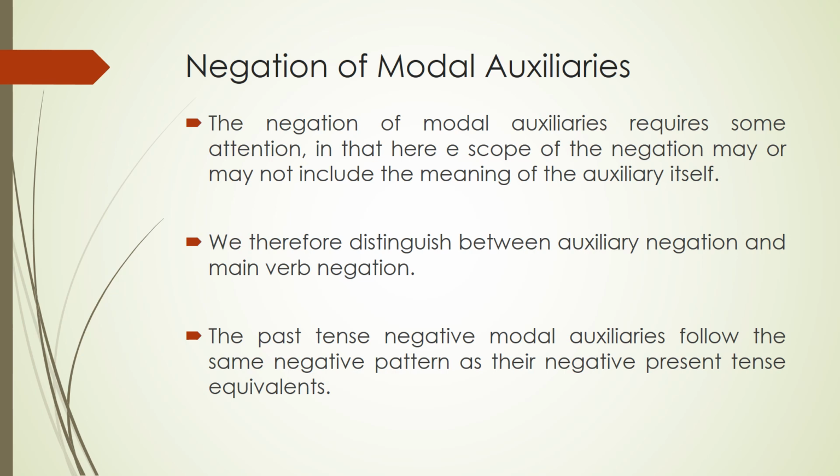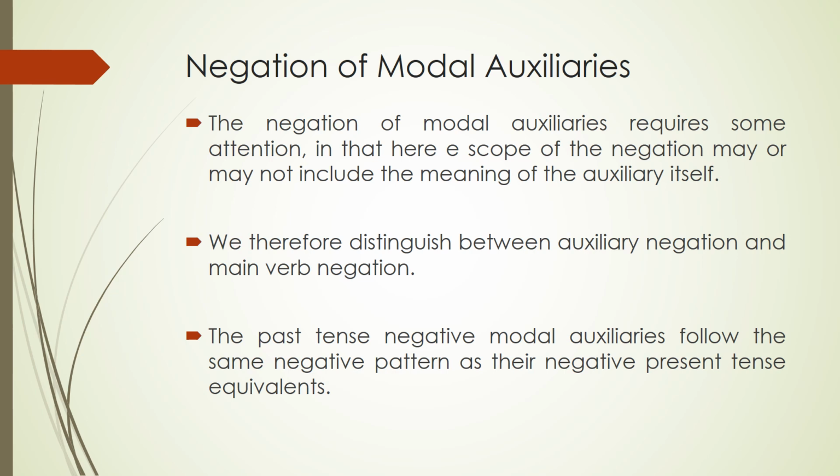Consequently, we are going to have two types of negation in relation to modal auxiliaries: either auxiliary negation or main verb negation. If I say that there is auxiliary negation in this sentence, this means that the modal auxiliary is going to be included within the scope of negation.